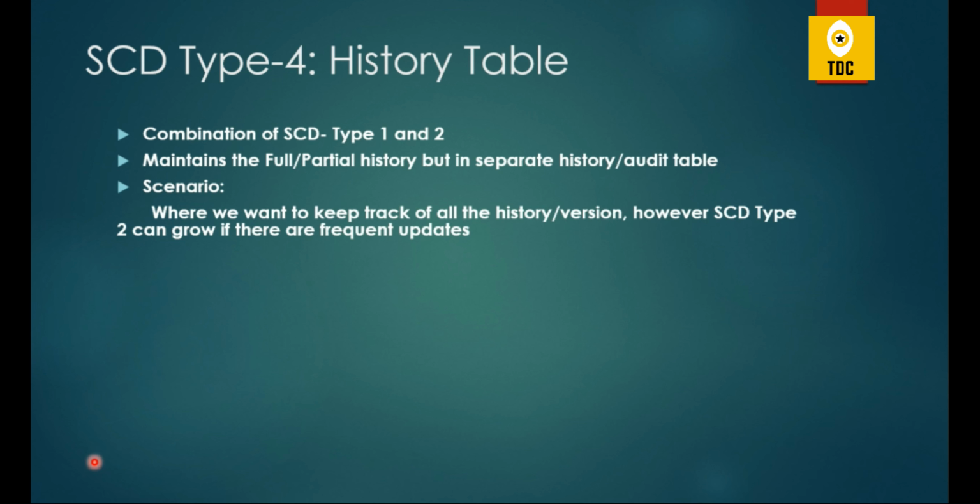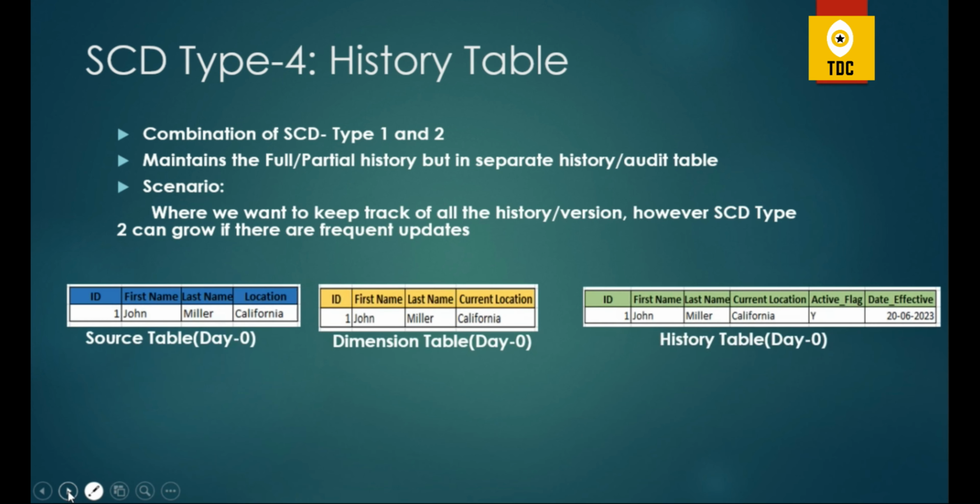So here we are doing both of them, but we are capturing the change in a separate history table. On day 1, you get a person working in a particular location, and you get that value as it is. As you saw in SCD type 2, we are maintaining the history.